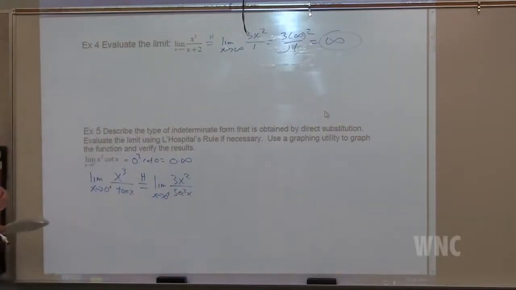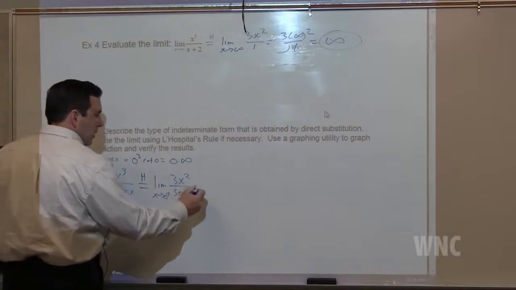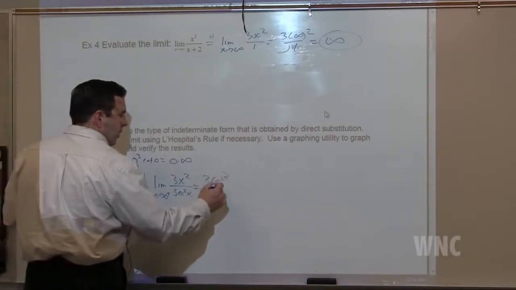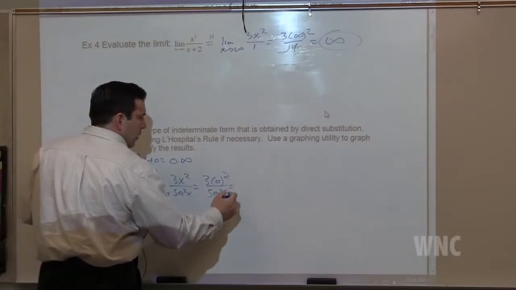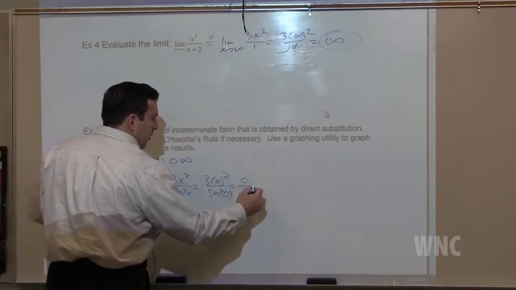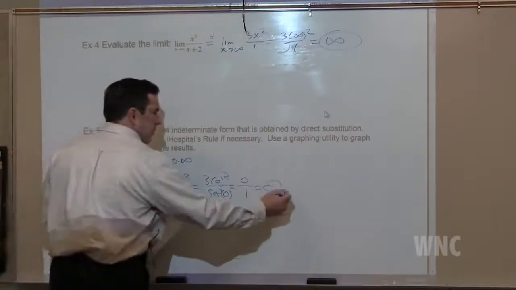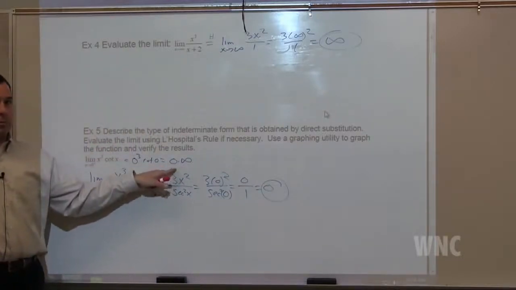Now if I plug in that 0, it's not indeterminate anymore, so it's 3 times 0 squared over secant squared of 0. That's 0 over 1, which is 0. So check it out. In this case, 0 times infinity is 0.